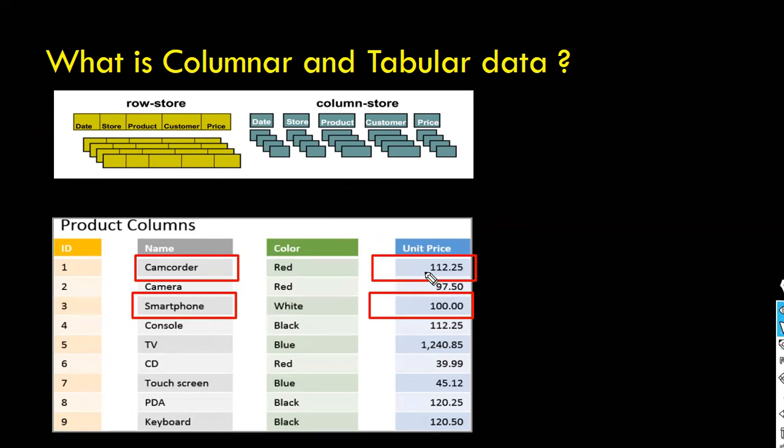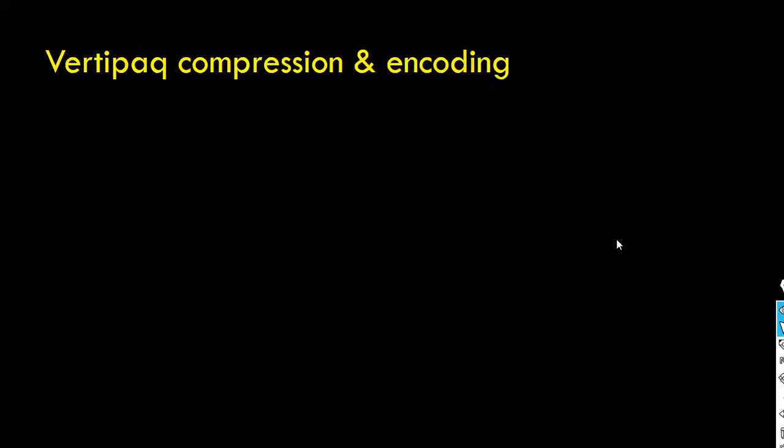Now we understood the difference between row store and column store. In column store, the data is stored separately in each and every column, hence there is no need to scan each and every column like in row store. It goes directly to the respective column and retrieves the data, whereas row store scans each and every column and takes longer.